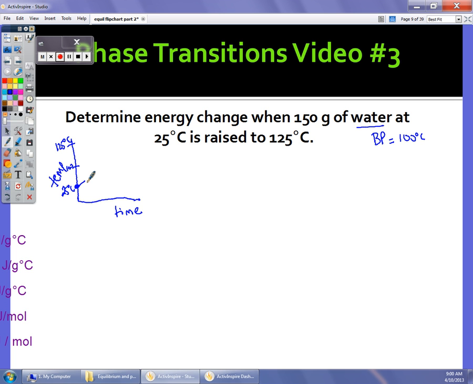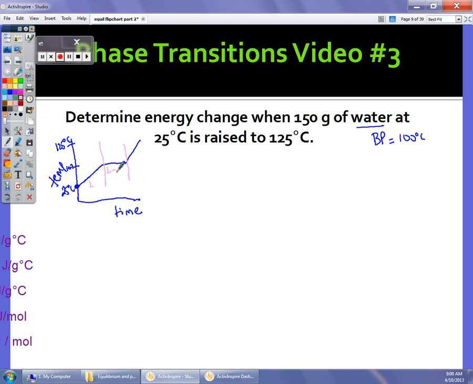So we're going to start off increasing our temperature, then we're going to have the phase change, then we're going to increase the temperature again. So we have three main sections. Each slope is a different process that's occurring with a different formula. In here, we have a liquid.